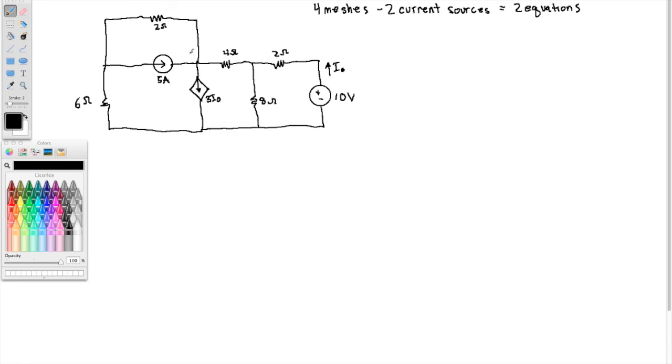Now, remember that a supermesh is when 2 meshes share a current source.